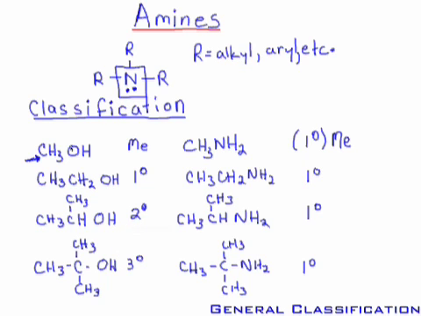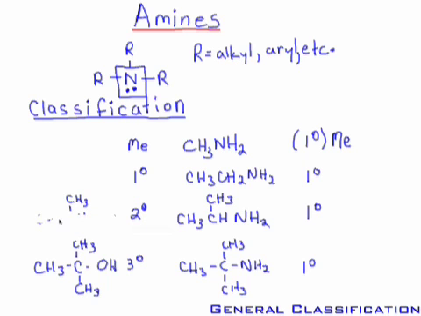If that is the case, what kind of amine structures could I make that would actually give me different classifications? Well, again, it's focusing on the nitrogen.